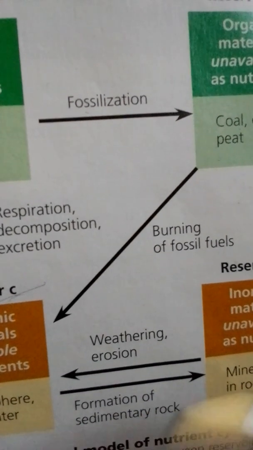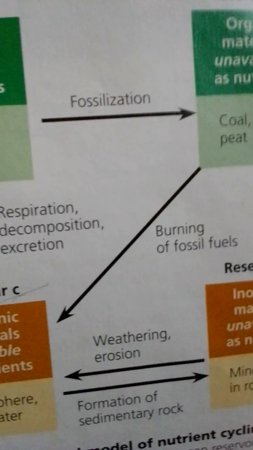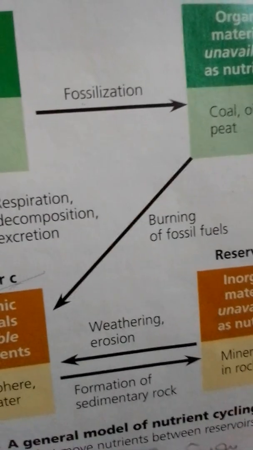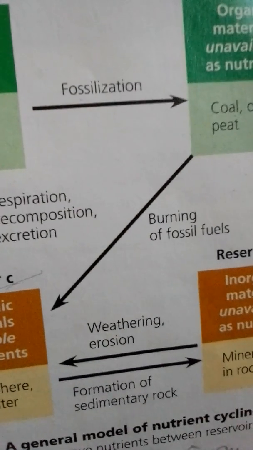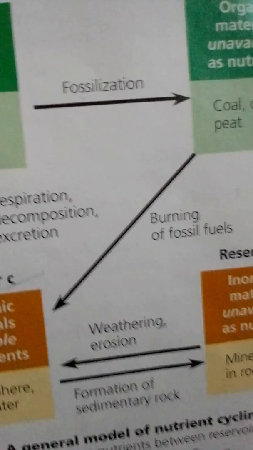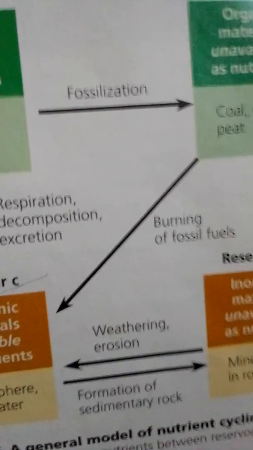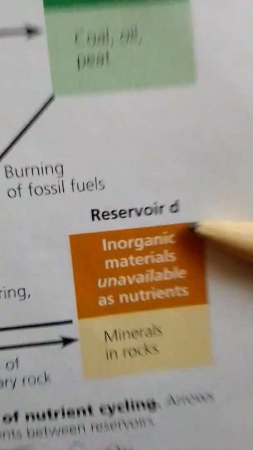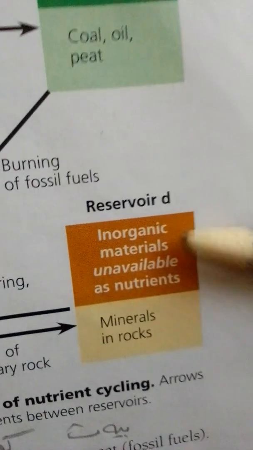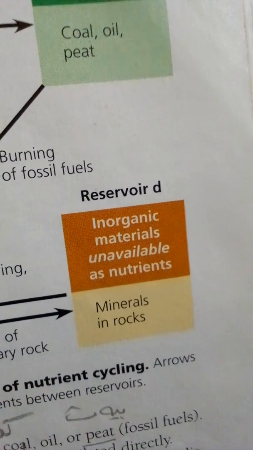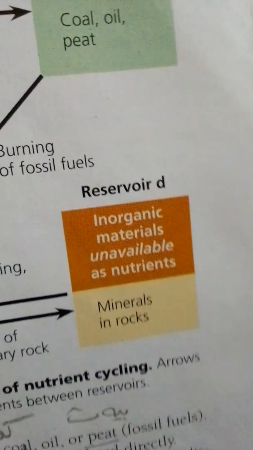Organisms assimilate materials from this reservoir directly and return the chemicals to it through the relatively rapid processes of cellular respiration, excretion, and decomposition. Although organisms cannot directly tap into the inorganic elements tied up in rocks, reservoir D, these nutrients may slowly become available through weathering and erosion.